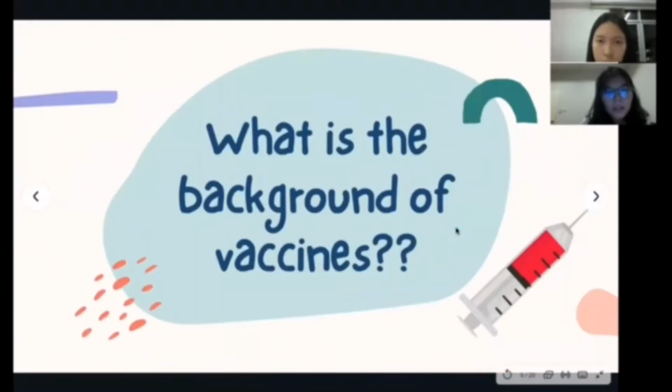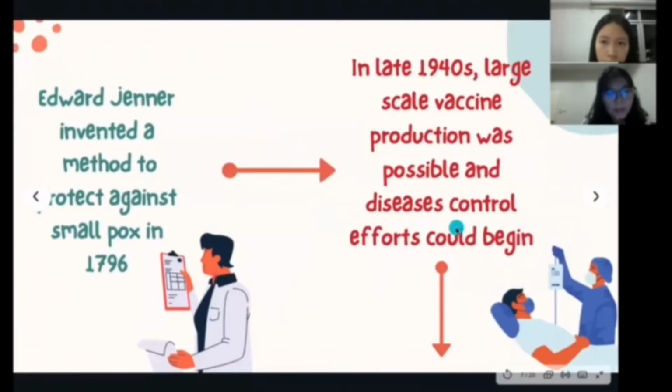What is the background of vaccines? Edward Jenner invented a method to protect against smallpox in 1796. The method involved taking material from a blister of someone infected with cowpox and inoculating it into another person's skin.